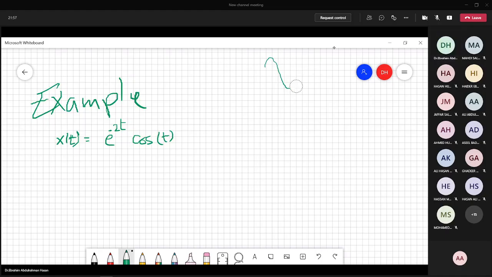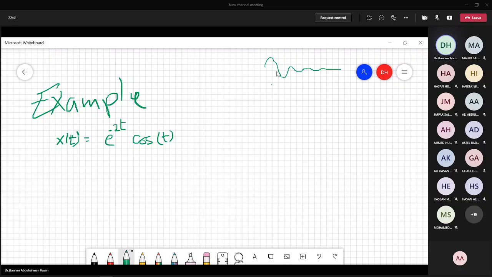Okay, something like this. Then it is clear that it is neither odd nor even.